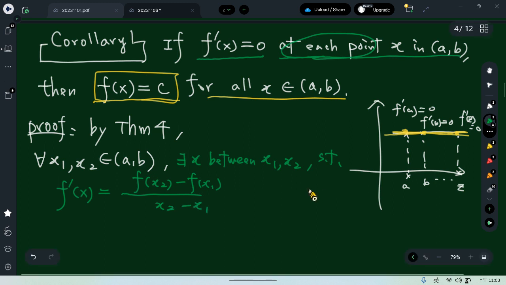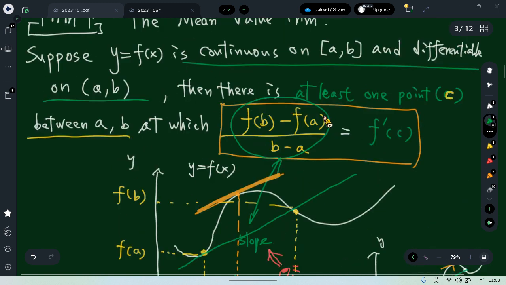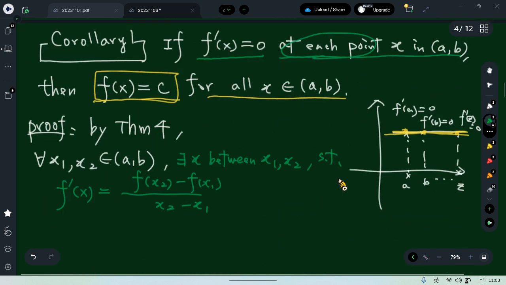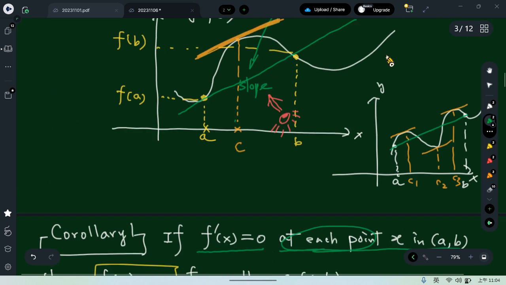This is based on this theorem. So when I randomly pick up x1 and x2, I can always find an x between x1 and x2. Then its first derivative is equal to the slope linking these 2 points together, right? Linking these 2 points together, and then we can find a c in between, and its first derivative is same as the slope.